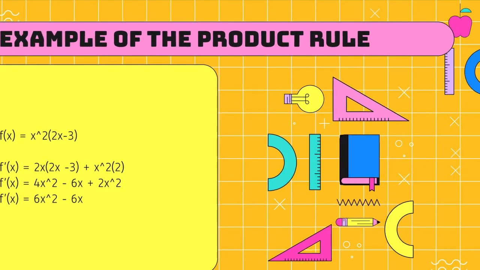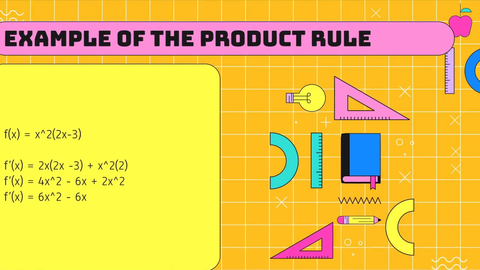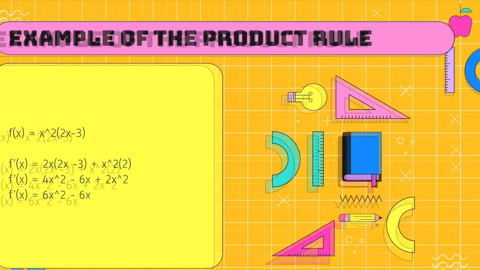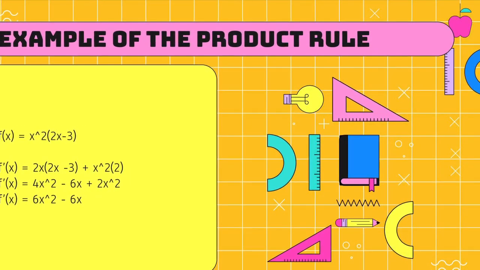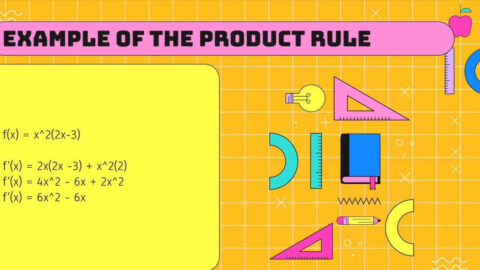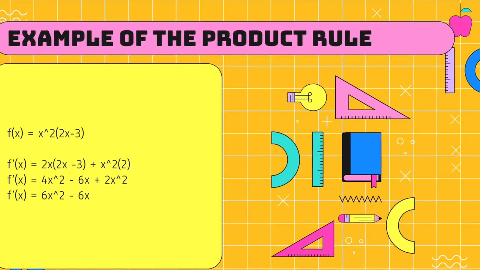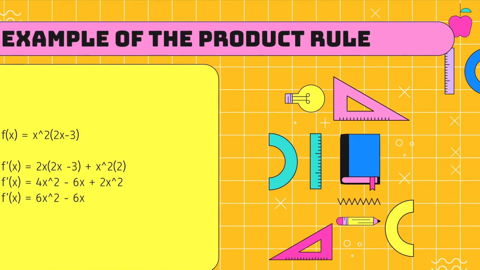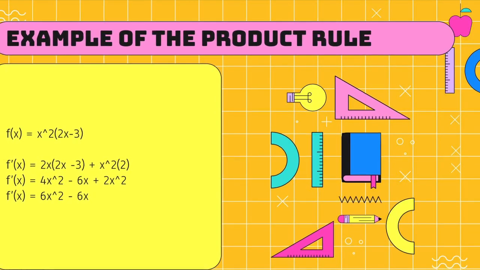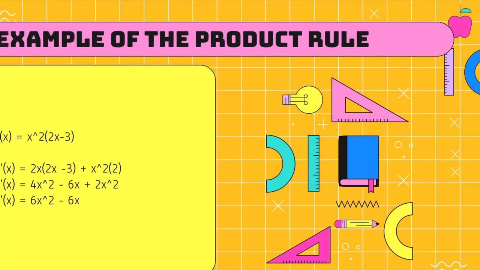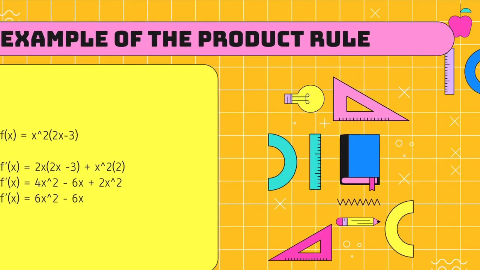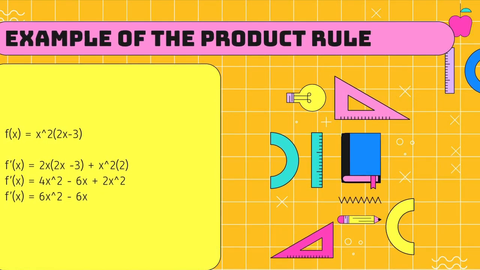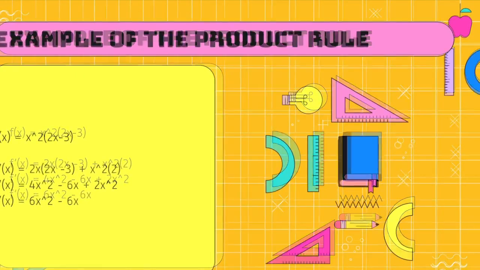And now let's just apply it and find the derivative of this equation. So f prime of x is going to be equal to u prime, which is going to be 2x, times 2x minus 3, plus v prime times u, which is going to be x squared times 2.